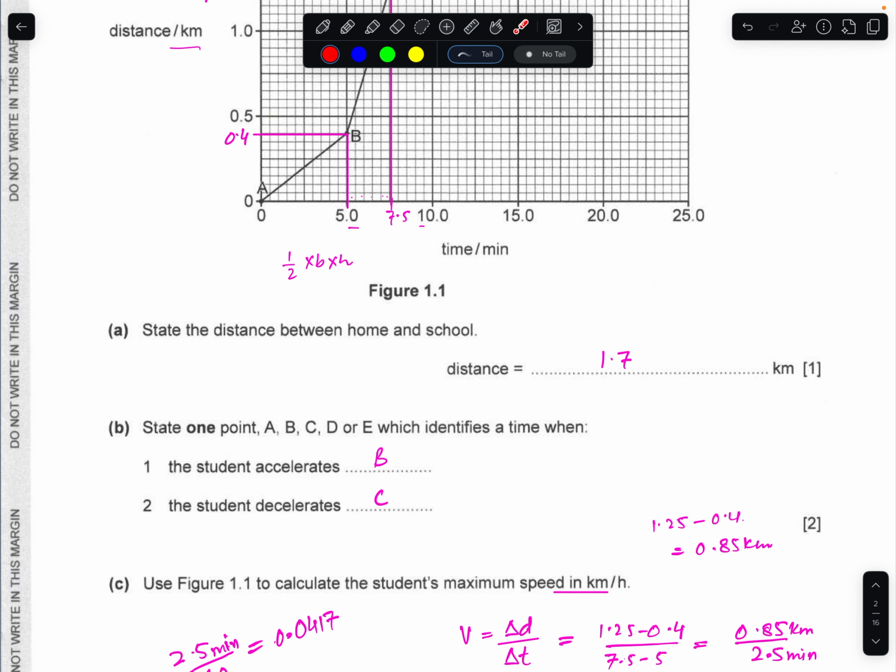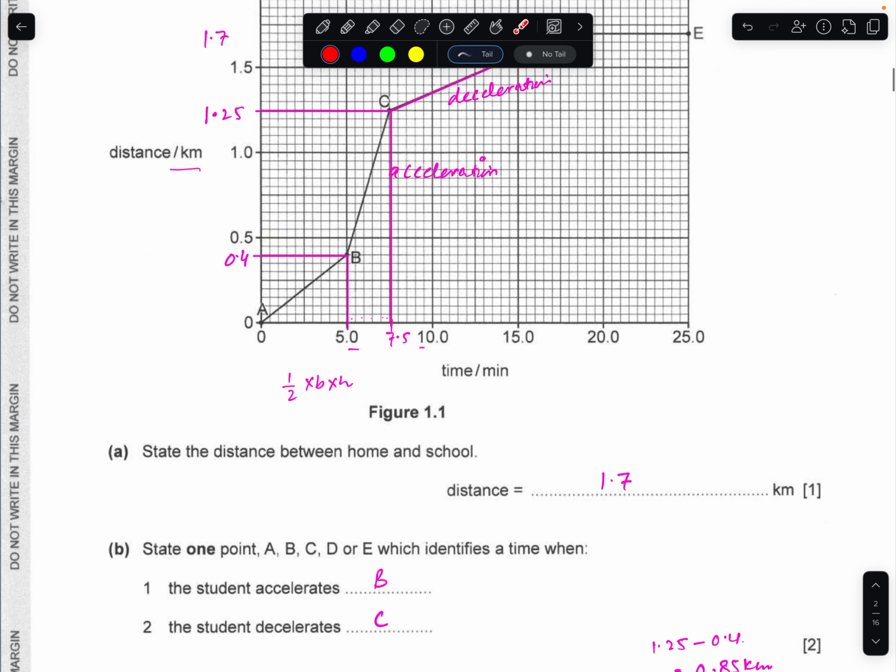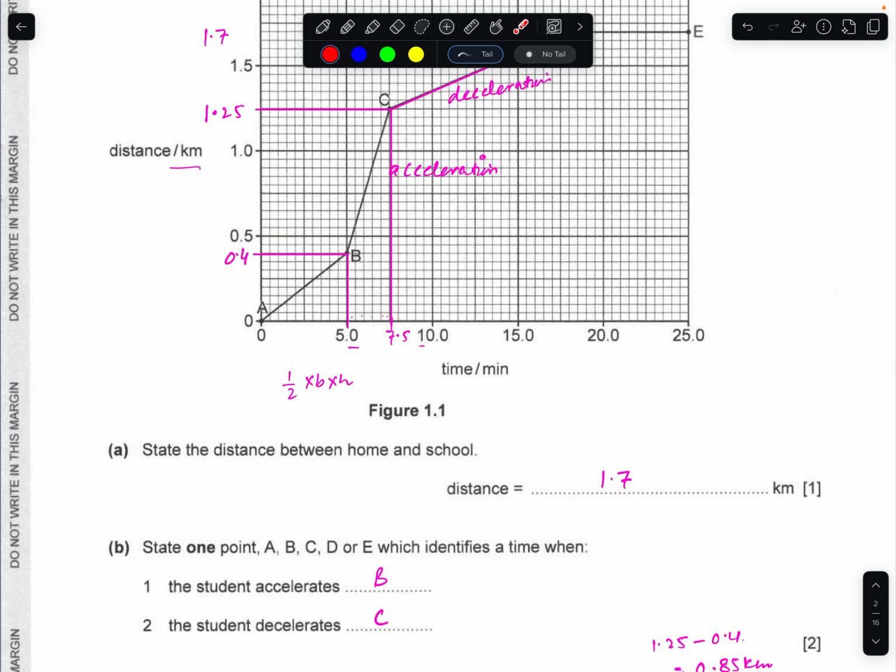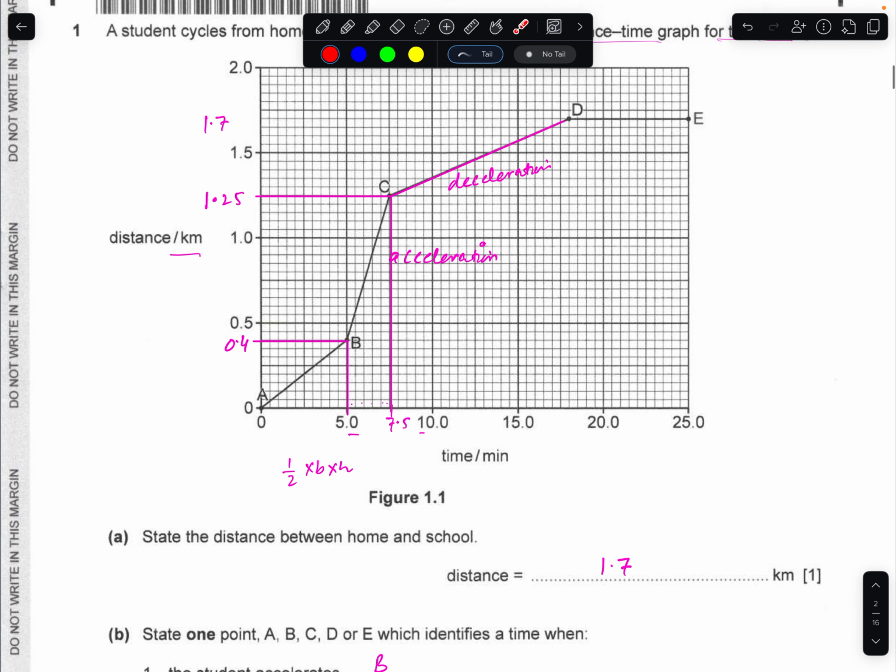State one point, A, B, C, or D, which identifies a time when the student accelerates and the student decelerates. So the student is accelerating where the graph is showing you the steepest part.